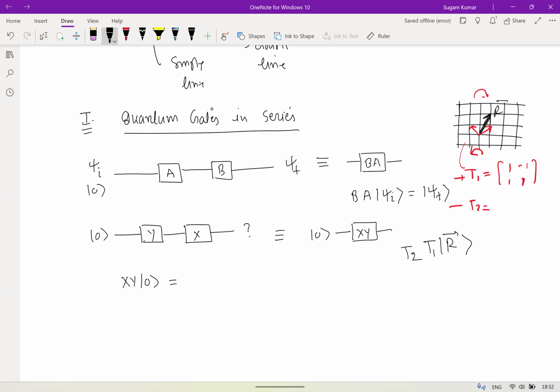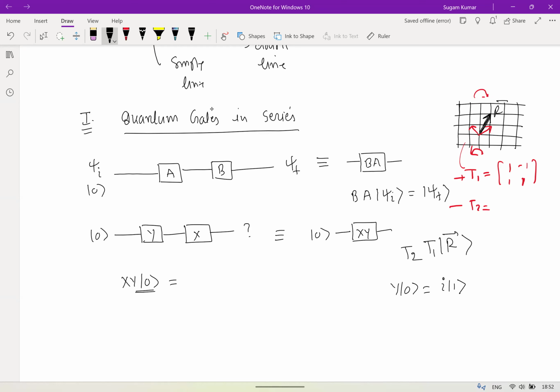So what will you get? First, y will operate on the 0. It will make iota 1, correct?